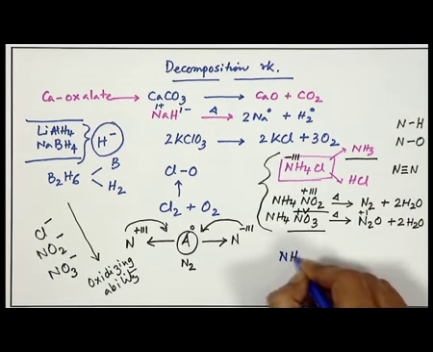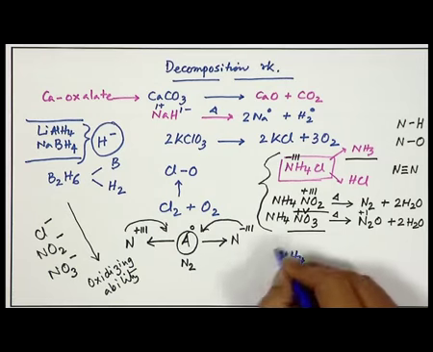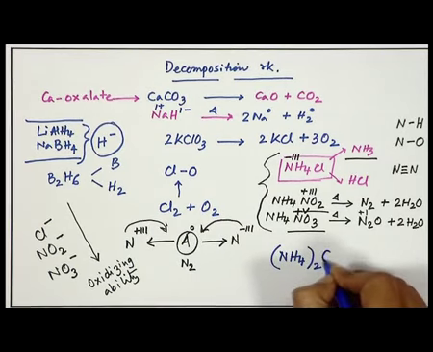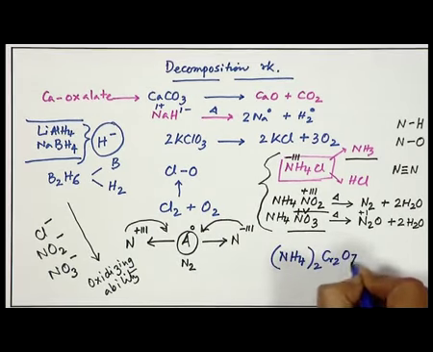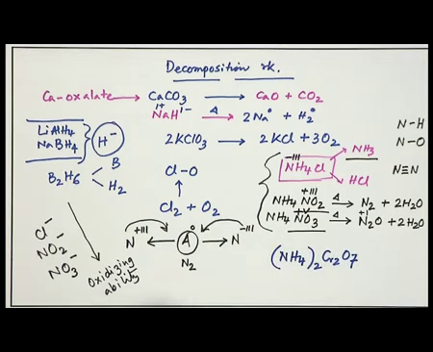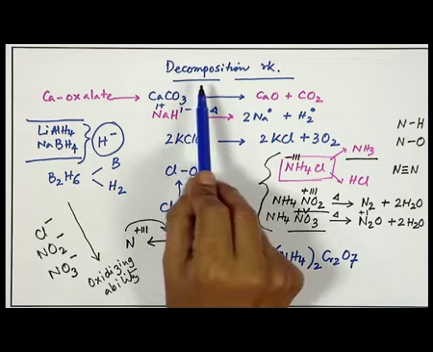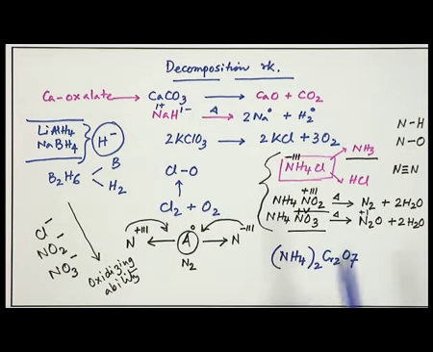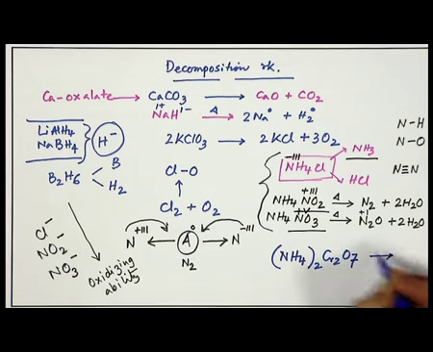In a similar fashion, we can consider all other types of salts. One such salt is ammonium dichromate. The same philosophy we are considering: ammonium is present and the ammonium ion will be oxidized through this decomposition reaction. Thermally, to see how good they are, we just have to heat it or ignite it.